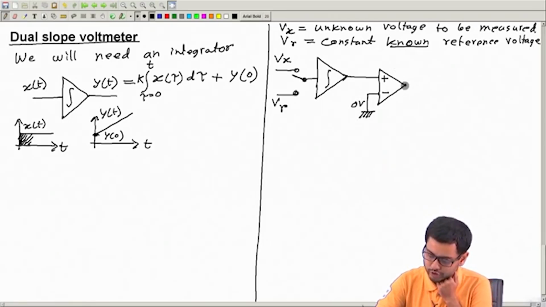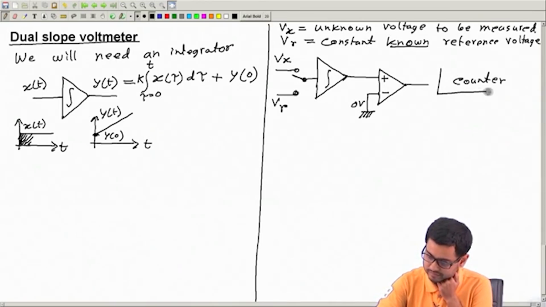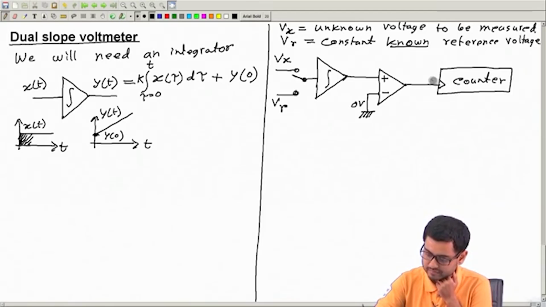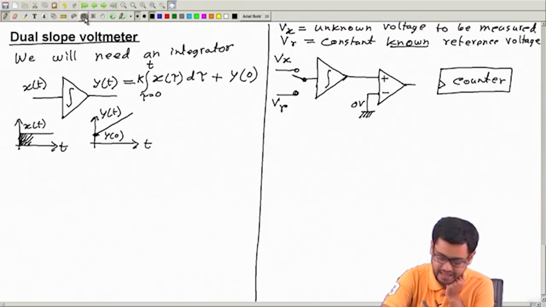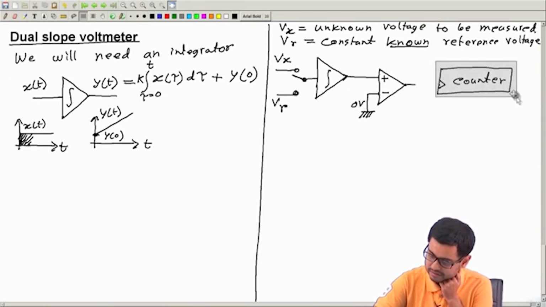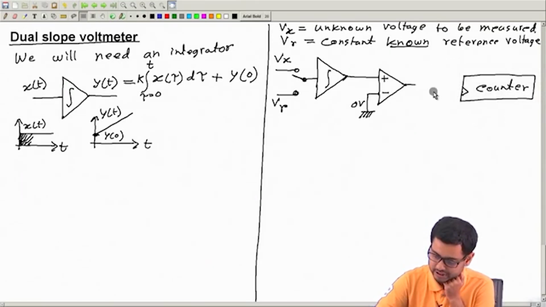Now, from this we will drive a counter. So, this is the clock. We have to drive it through an AND gate like we did previously.